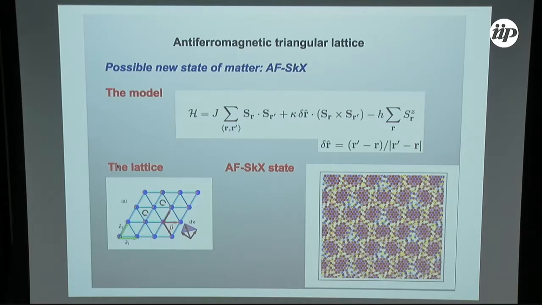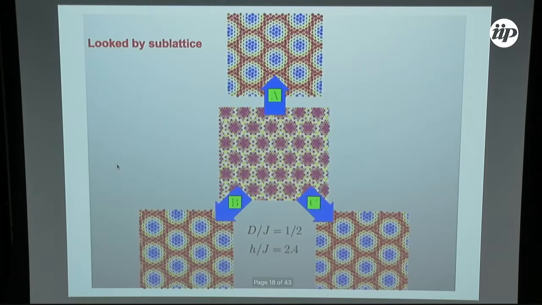So S2 tells you that you may have this topology, and this is what is observed. For your question, these simulations were done for D over J of 1/2, but we have done other cases. You need some value of D. There is some threshold.